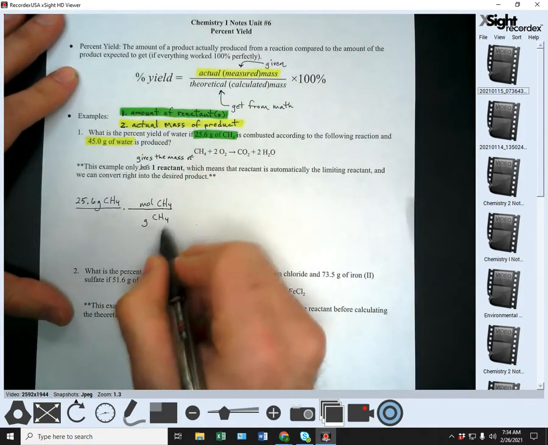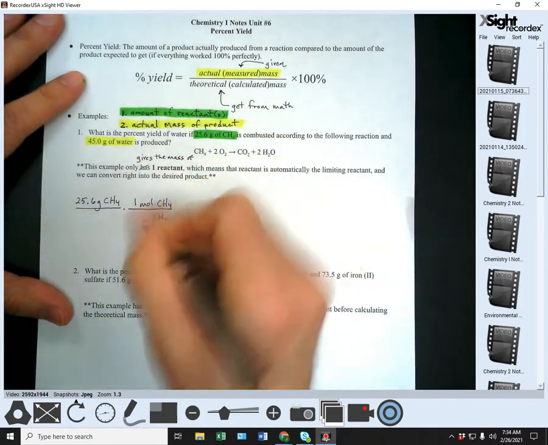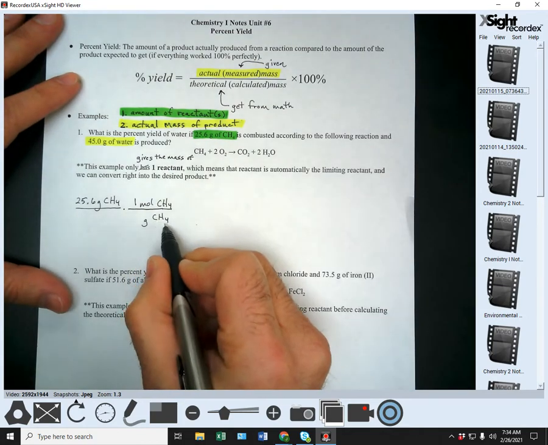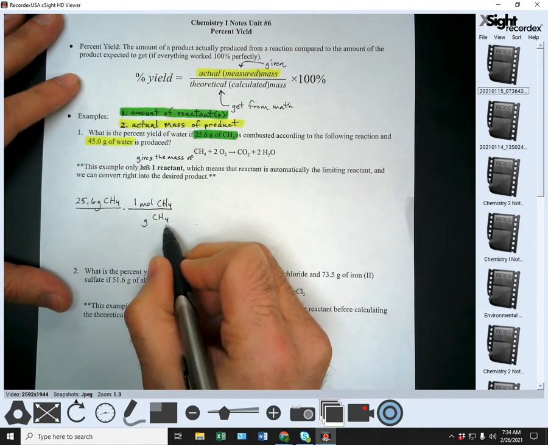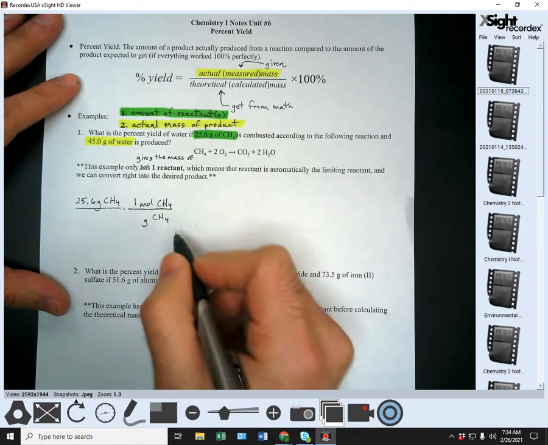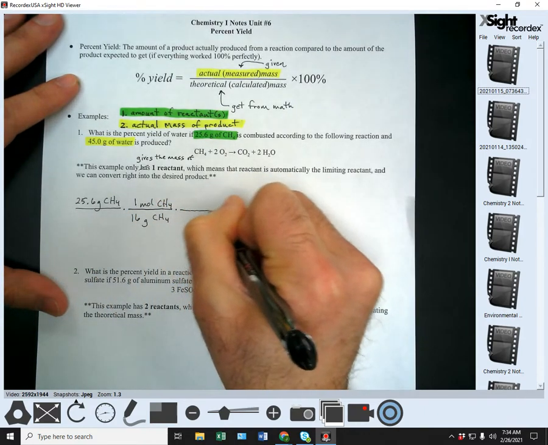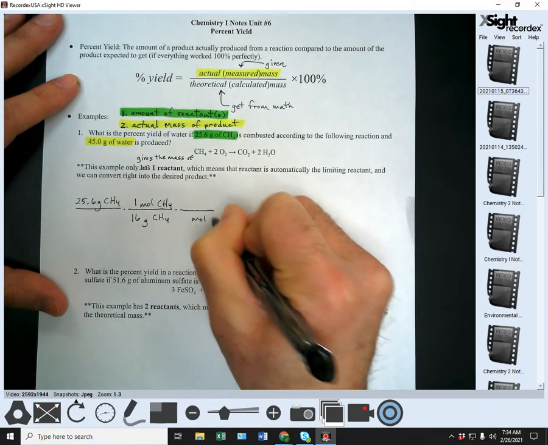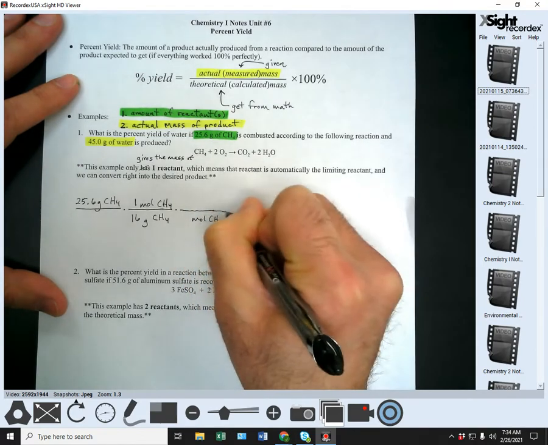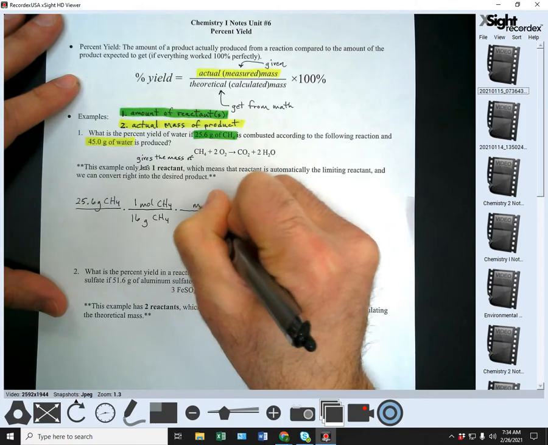So grams of CH4 into moles, it's 1 mole. The molar mass, carbon is 12, hydrogen is 1 times 4, so that would be 16. Then we're going to go moles of CH4 into, we're trying to get into water, so moles of H2O.